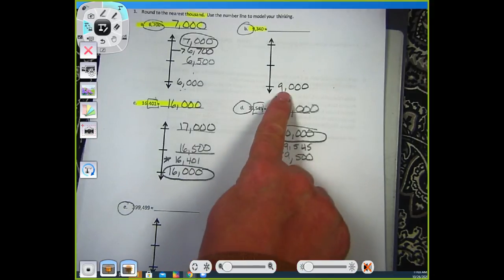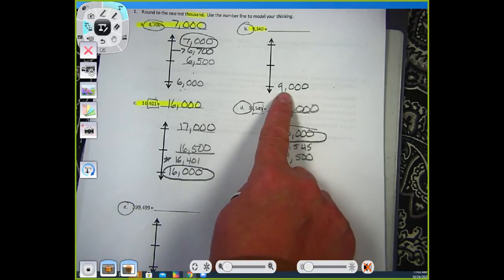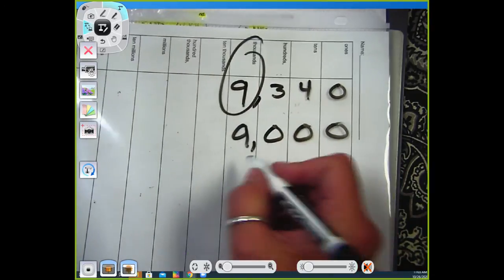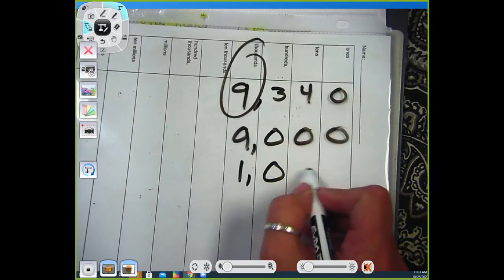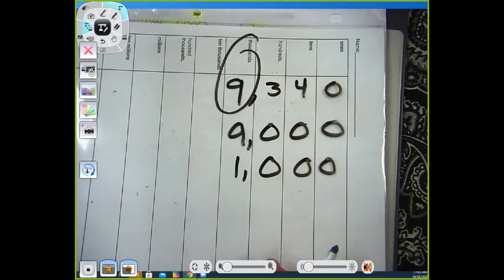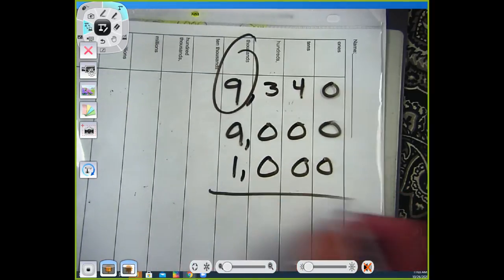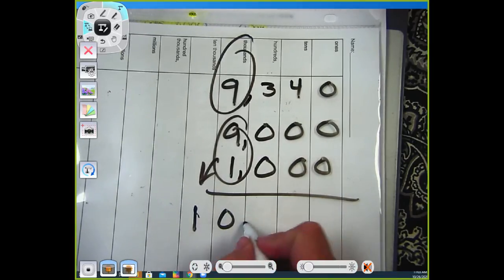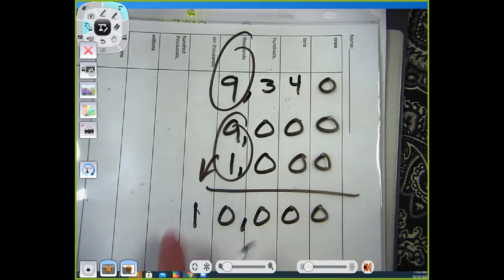If I add 1,000 more, what is my new number, Kevin? It's 9,000 now. And if I put 1,000 more, what do I get? 10,000. Awesome. I have to bundle these and they go over. So then I get 10,000. That's my upper endpoint.